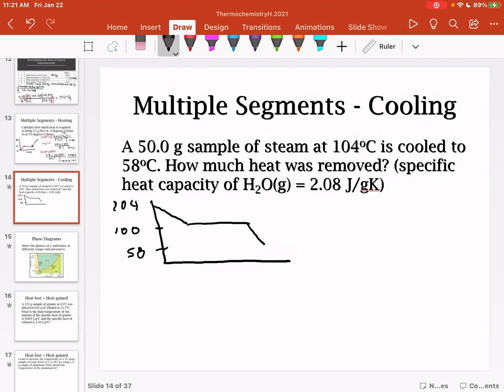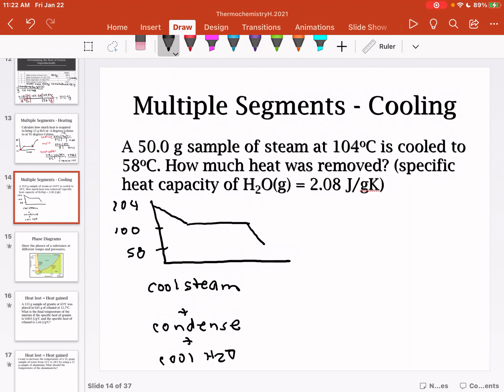So hopefully you can see this time, again, we have 3 line segments. I need to cool my steam. So there is a delta T there. I need to condense the steam to liquid water, and I need to cool that liquid water. So again, 3 segments of the curve.